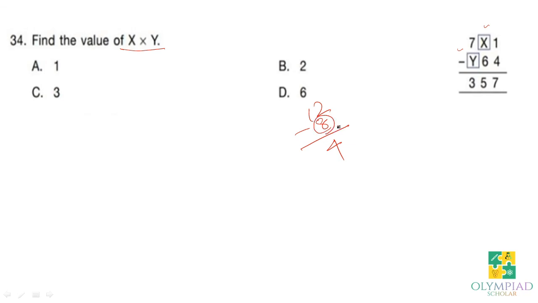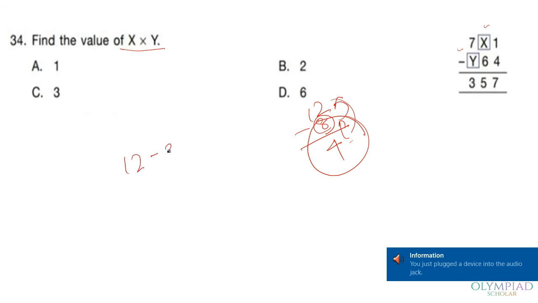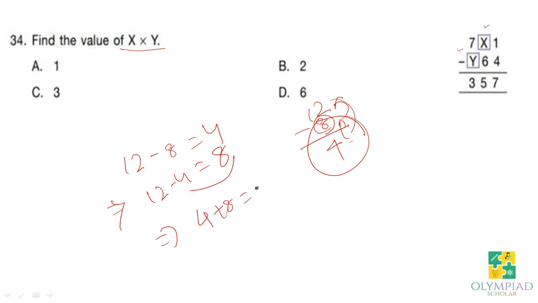How will you get the answer? 12 minus 4 is also 8, and when you add these two numbers, you get this number. See, 12 minus 8 equals 4. So you can get all other facts: 12 minus 4 equals 8, and 4 plus 8 equals 12.